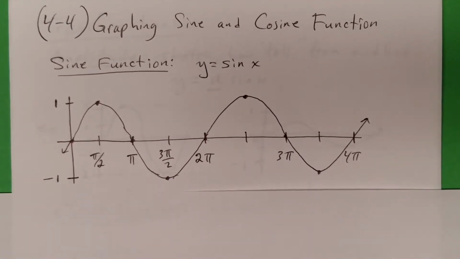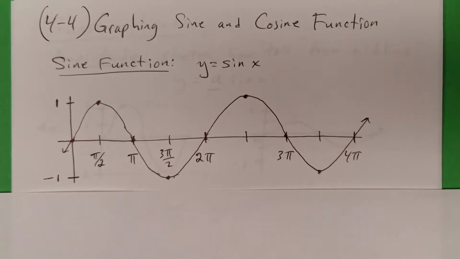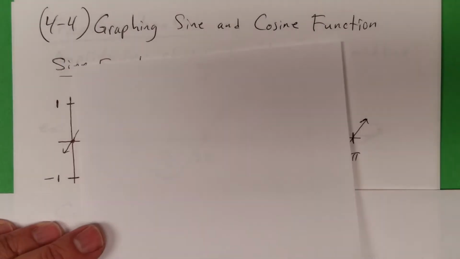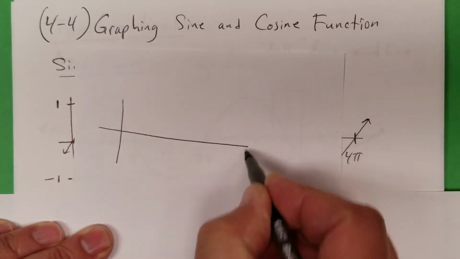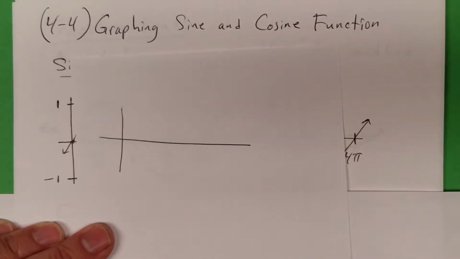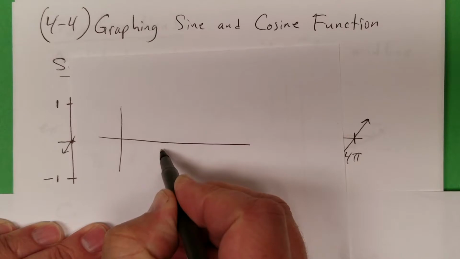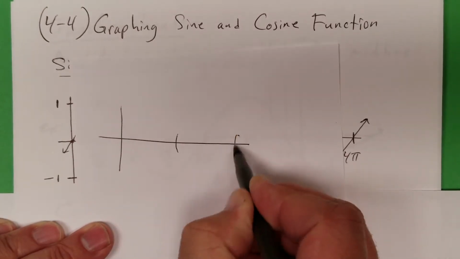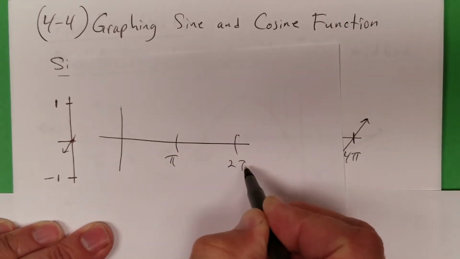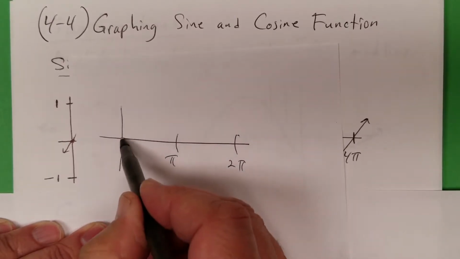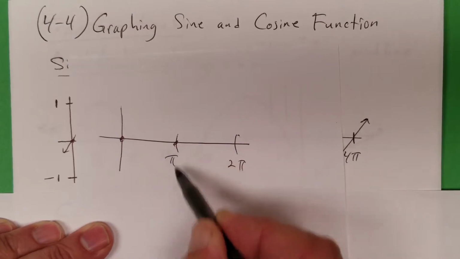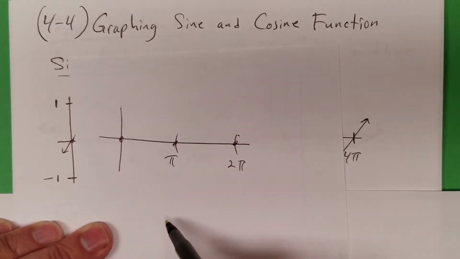So we'll talk more about it, but when you sketch, the easiest sketch to do, if you're in a rush, would be just to put pi and 2 pi, right? So if I had to sketch the sine graph really quick, I know it starts here, I know it goes through here, and it ends here, right?